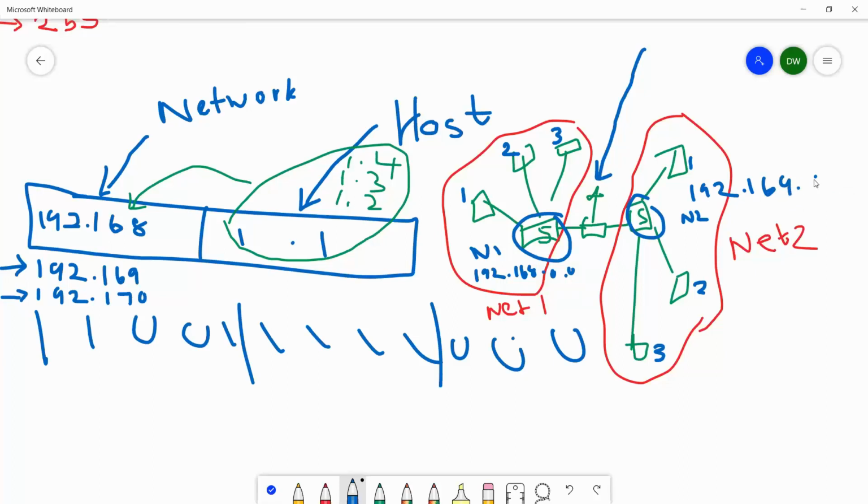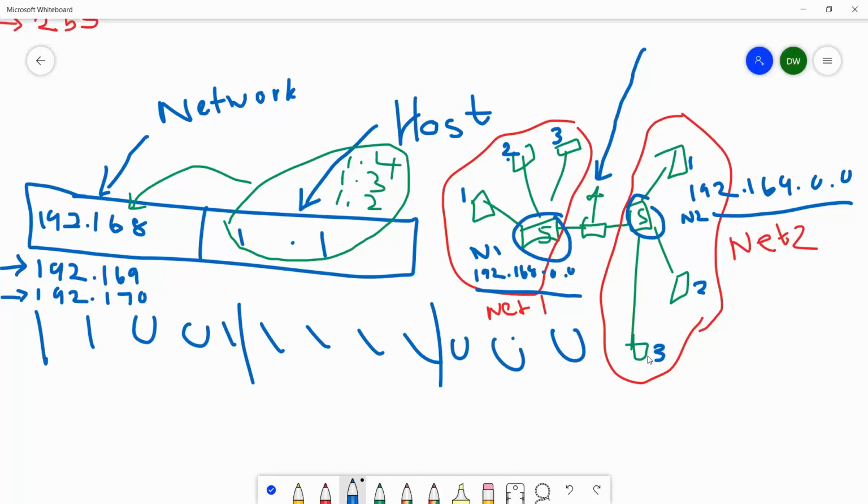Now you see we have 2 different addresses. This is 168 network, this is 169 network. And here you have 192.168.1.1, 1.2, 1.3, like that. Here also you can have 1.1, 1.2, 1.3, like so on.